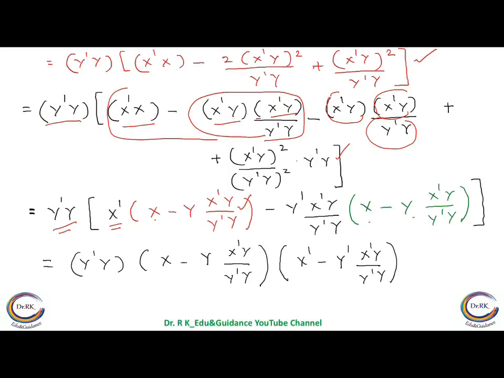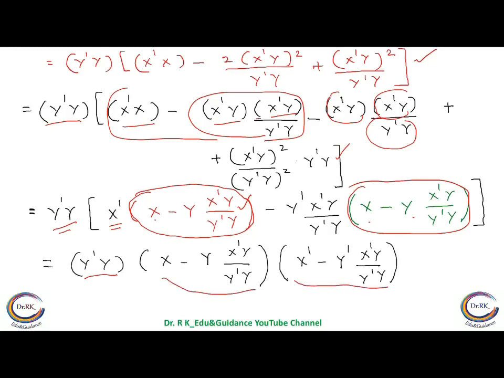So what we are trying to do here is factorize it. Finally we get y transpose y times this (x minus y) term and this x transpose term, so we are getting transposes of one another. We need to practice this simple manipulation.